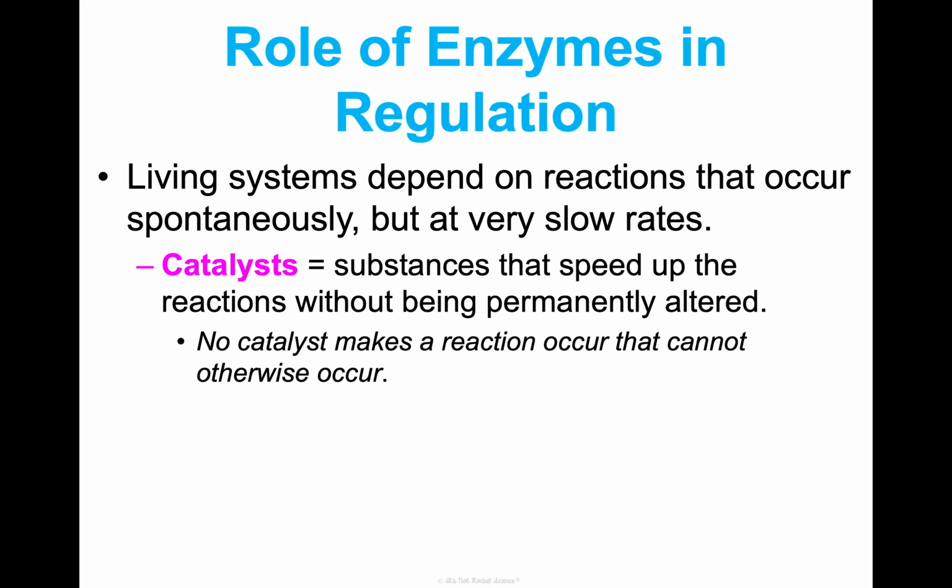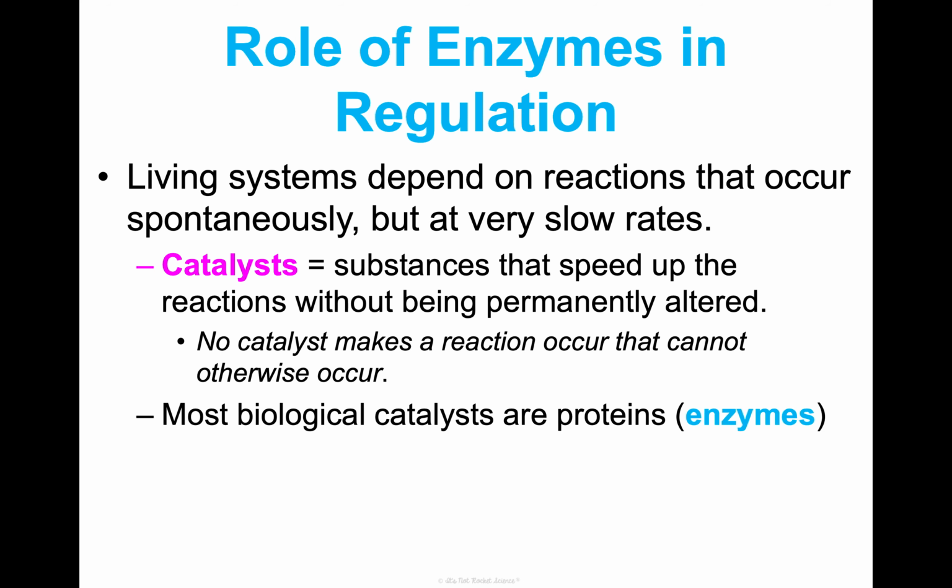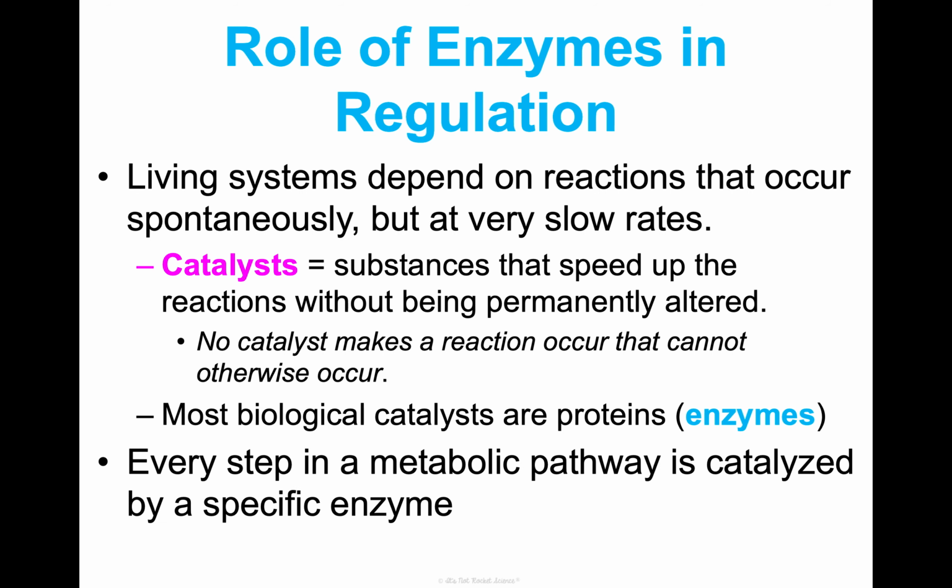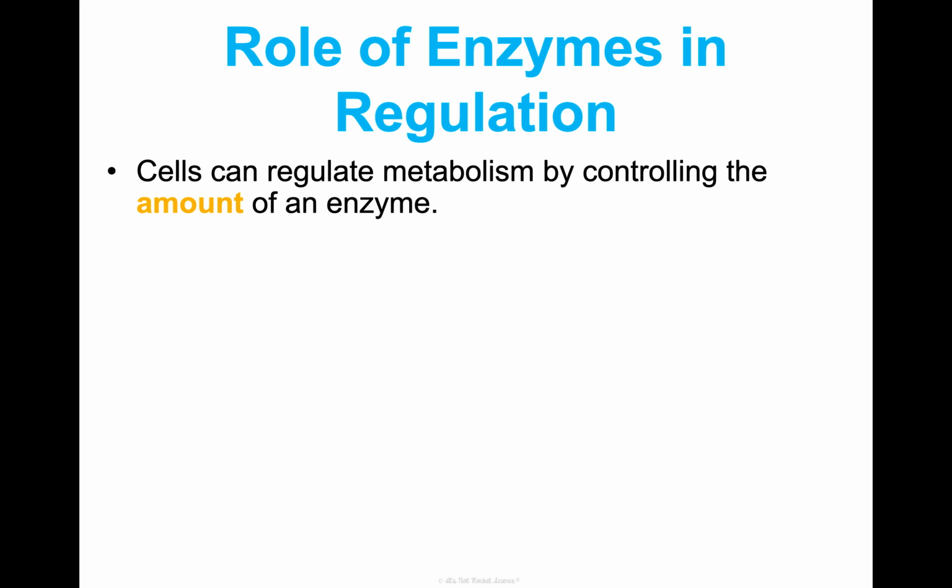No catalyst is going to make a reaction occur that couldn't occur otherwise. It's just going to make it happen faster. Most biological catalysts, like we said, are proteins, meaning they're enzymes. Pretty much every step of a metabolic pathway is catalyzed by a specific enzyme, like glycolysis, the Krebs cycle, all these parts of cellular respiration. They all have specific enzymes that catalyze each step.